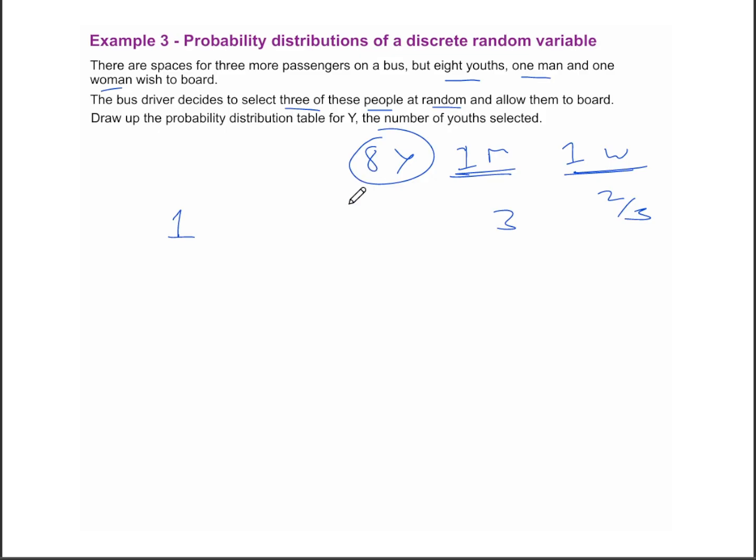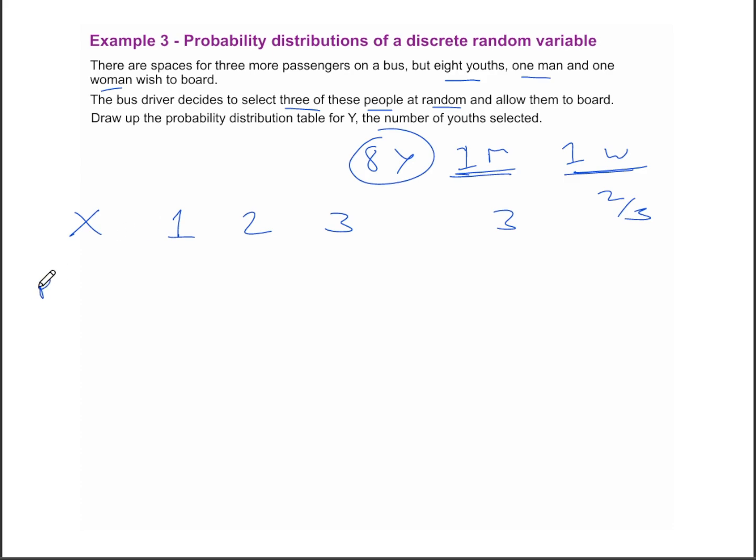He still has 1 space, so 1 youth will definitely be selected. So the smallest number of youths that we can have selected is 1, and the largest is 3. Either we have 1 youth selected, or 2 youths, or all 3 selections being youths. Those are going to be the possibilities of the discrete random variable.